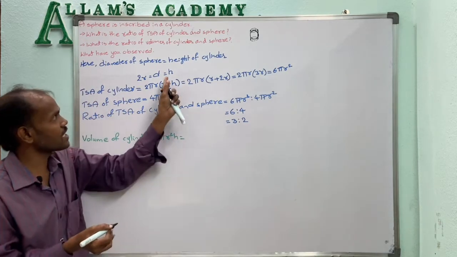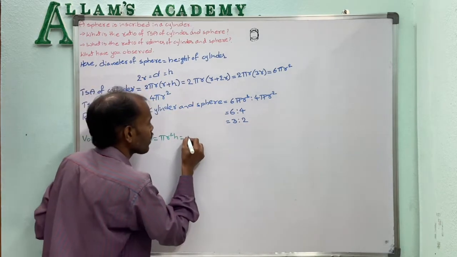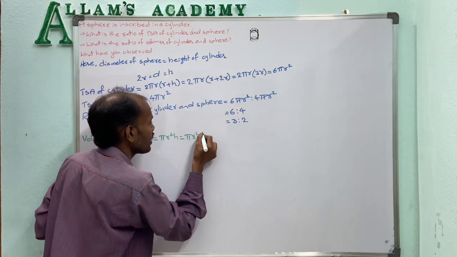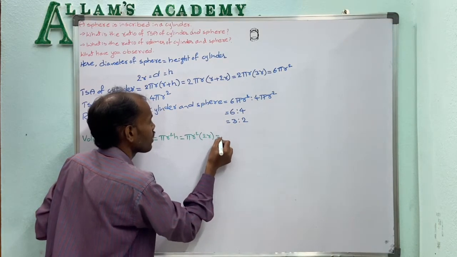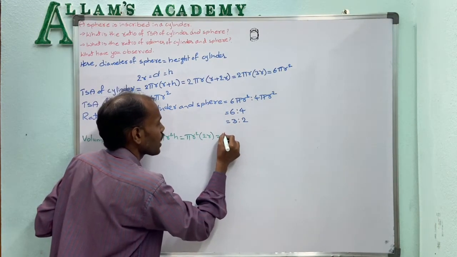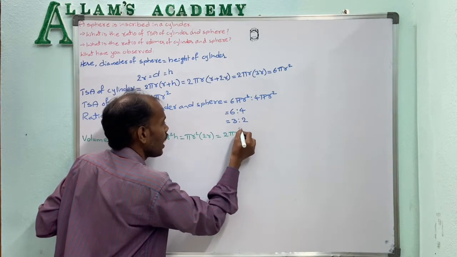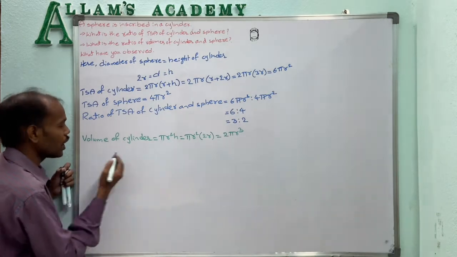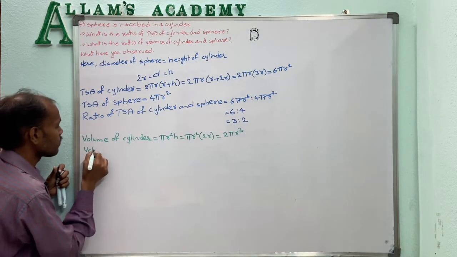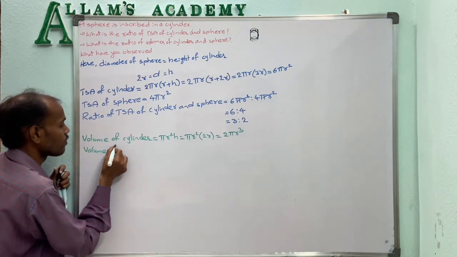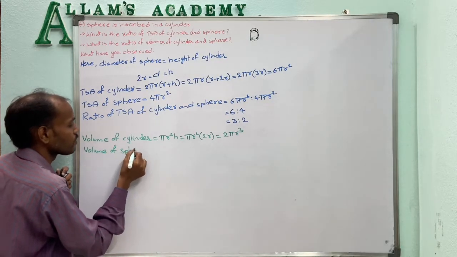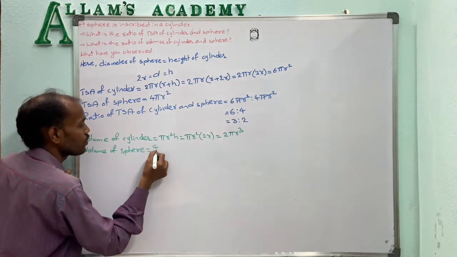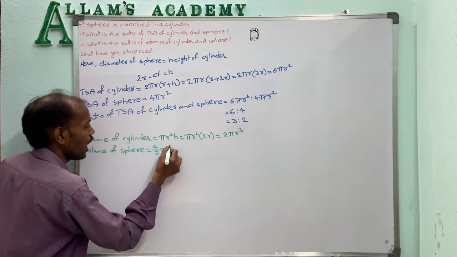Here h is nothing but 2r, so pi r square into 2r, which is 2 pi r cube. Now the volume of the sphere equals 4 by 3 pi r cube.